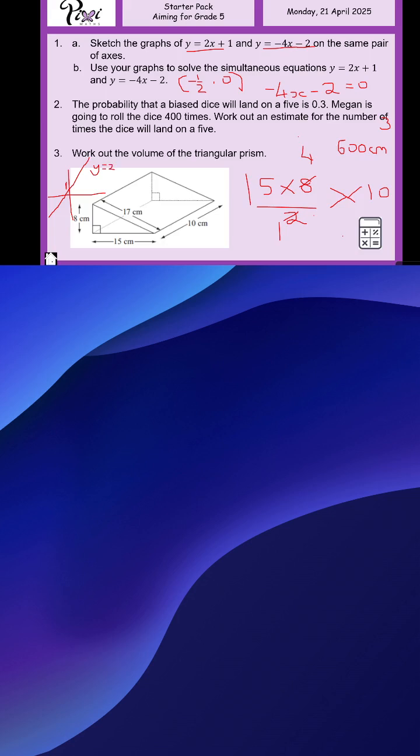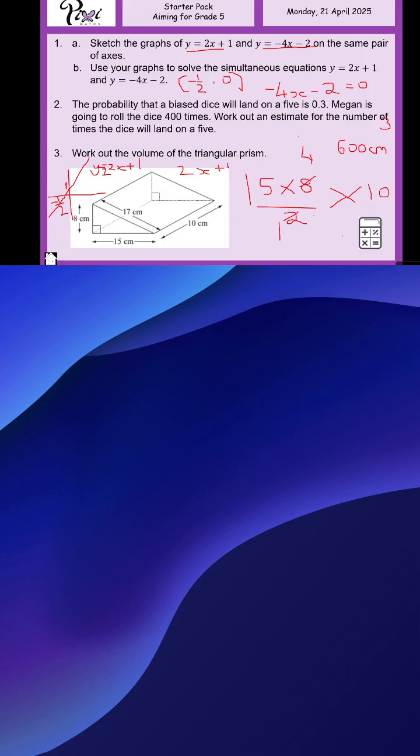Now to work out where it crosses the axes, so obviously the y-axis is when x equals 0, the x-axis is when y equals 0. So if you let y equal 0 and solve the equation, it crosses the x-axis at minus a half, because you have 2x plus 1 equals 0, and if you solve that equation, obviously subtract 1 and then divide by 2.